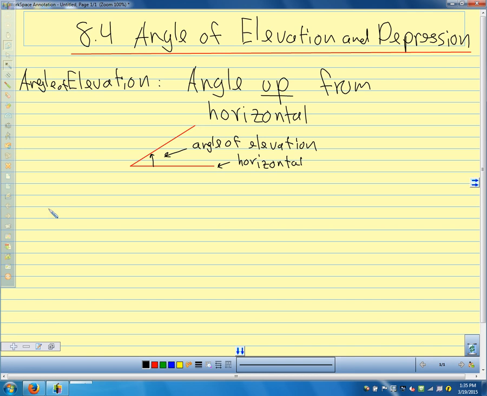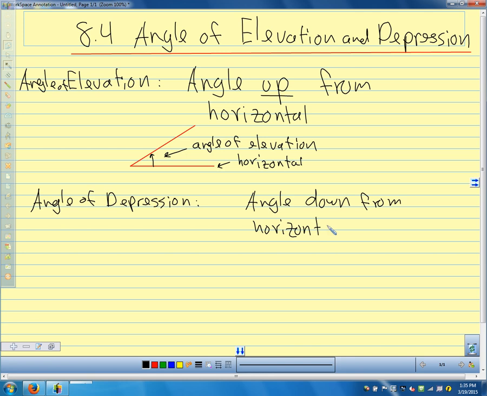The angle of depression is the angle down from the horizontal. So if we have our horizontal line here, the angle of depression is going down from the horizontal.